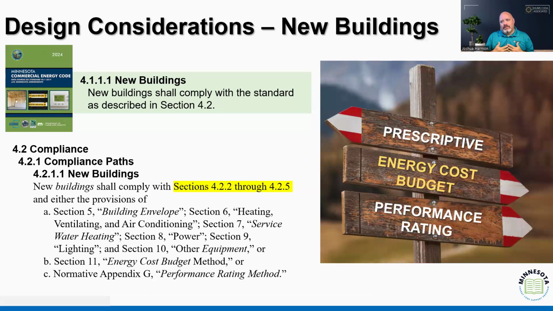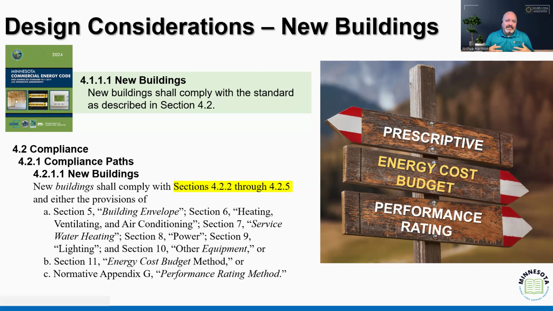Remember, the first thing we usually think about when we look for energy code compliance is going to be our compliance path, right? Whether we're looking at new buildings, alterations, new equipment, new additions, we're always going to say, what's the compliance path we're using? Is it the prescriptive, the energy cost, or the performance rating?